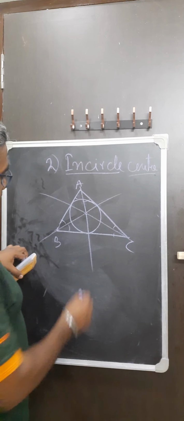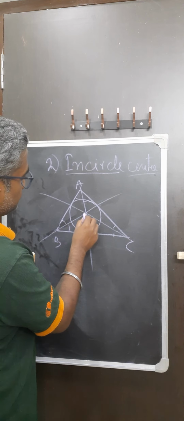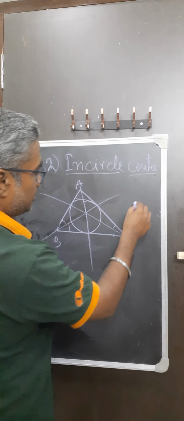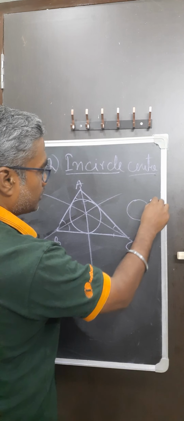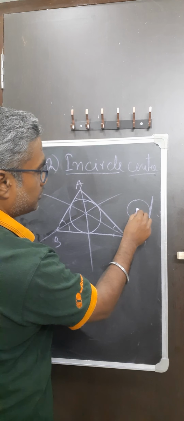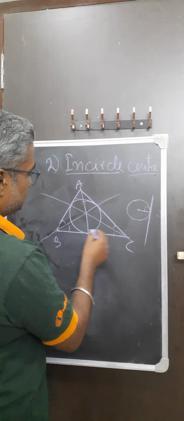Now, you know that for any tangent to the circle, a line connecting the center to the contact point of the tangent will be perpendicular.